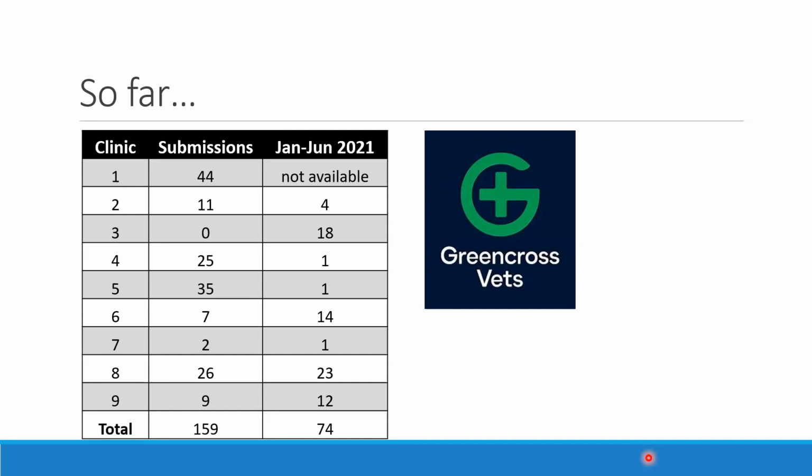So we do have that sort of control there, but a lot of the rate of submissions data is coming from VetCompass, and a lot of other practices aren't engaged with VetCompass as Green Cross is.